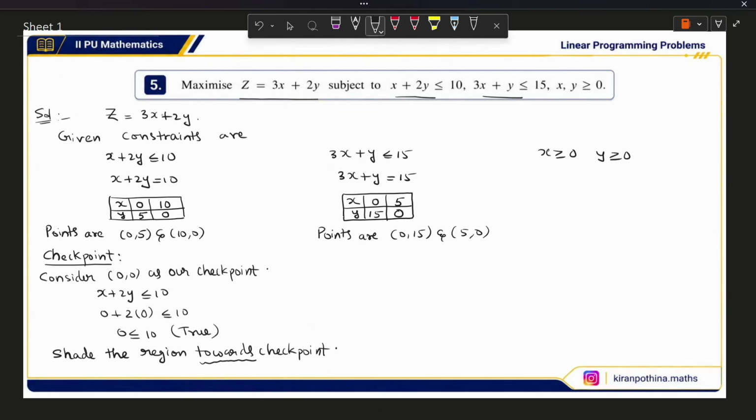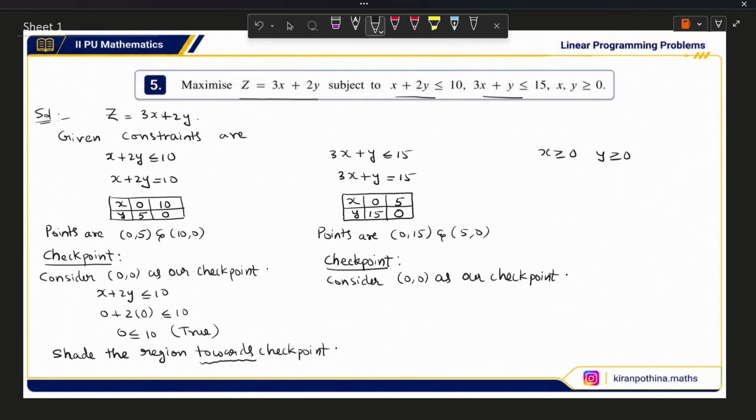towards the checkpoint. Next, for this also we will do the checkpoint. We have to do checkpoint in all cases whenever they give a linear inequality in two variables x and y. So for this also I will consider 0, 0 as our checkpoint.